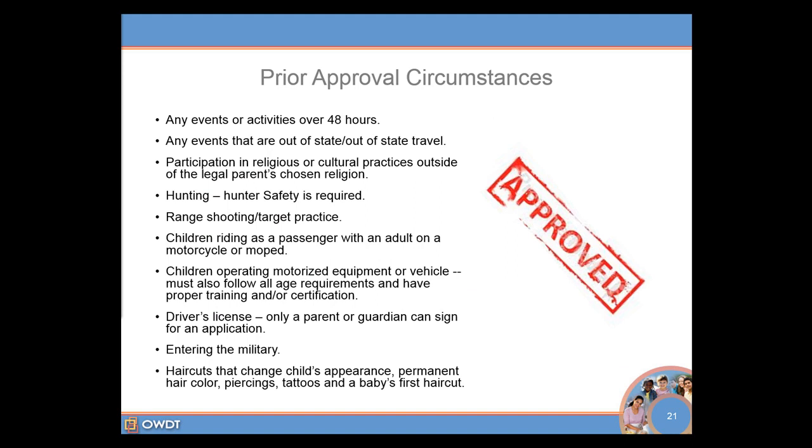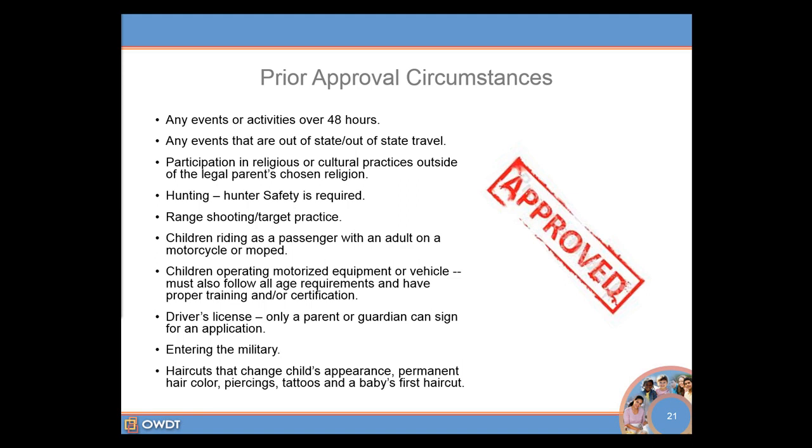There are many situations and activities beyond the examples we have looked at today that fall into the reasonable and prudent parent standard. As you have seen, some of the activities need prior approval from MDHHS, the court, and/or the child's parents. Here are some examples of activities that require prior approval.